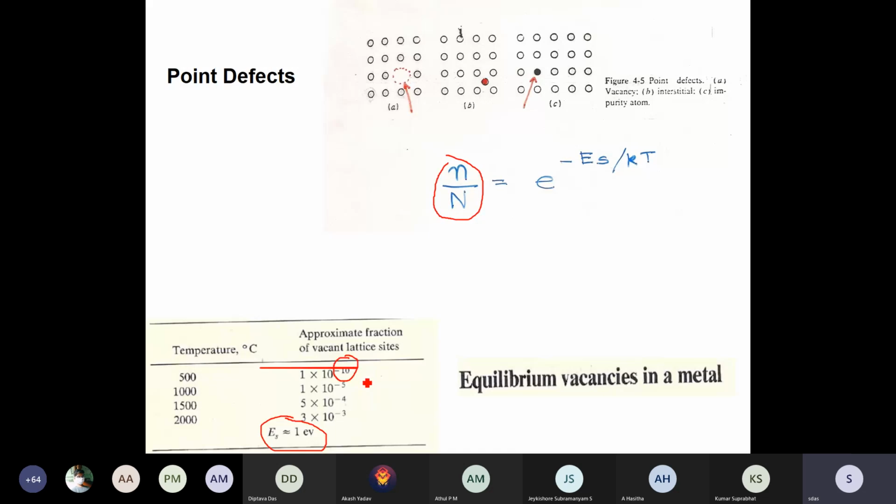At 1000 degrees Celsius it is 10 to the power minus 5. At 2000 degrees Celsius, 10 to the power minus 3. You see how many vacant sites will be present with the increase in temperature.